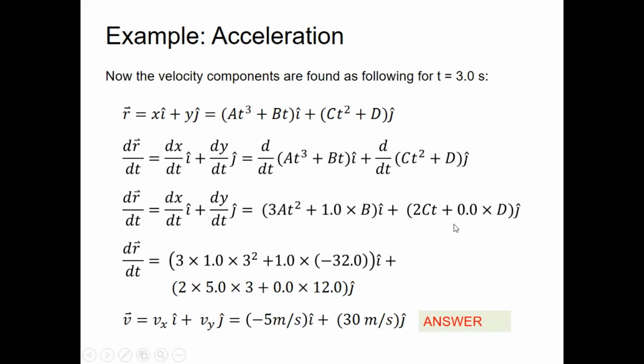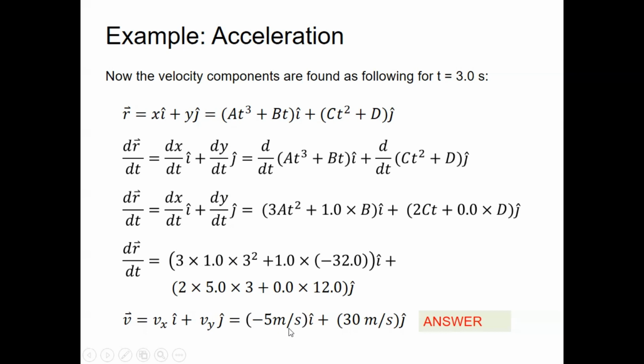And therefore, simplifying this and substituting the value of t equal to 3 seconds, I start substitution and reduction, and I reach the velocity, two components of the velocity, vx i unit vector plus vy j unit vector, as minus 5 meters per second and 30 meters per second.